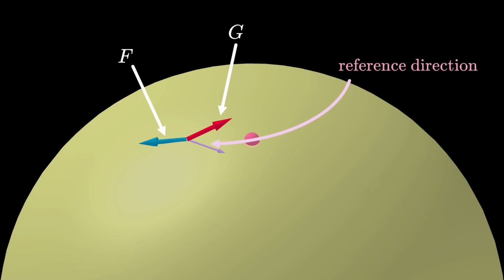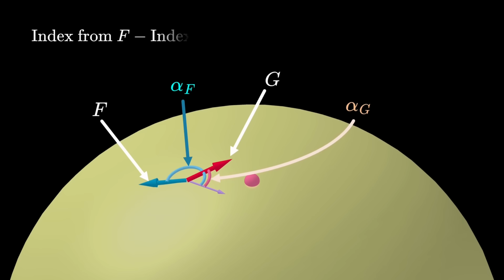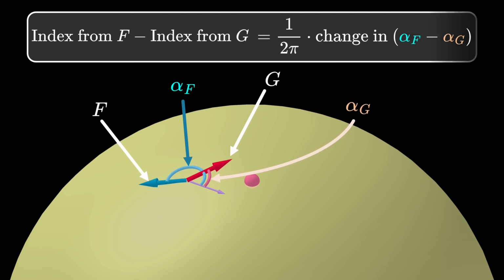To determine the indices of the zero from the 2 vector fields, we measure the angle between f and the reference direction, as well as that between g and the reference direction. The index from vector field f minus that from g is the change in alpha_f minus alpha_g when you go around the zero divided by 2 pi.